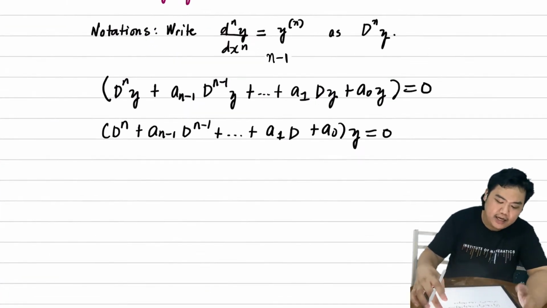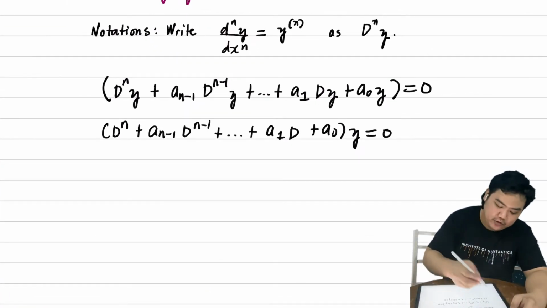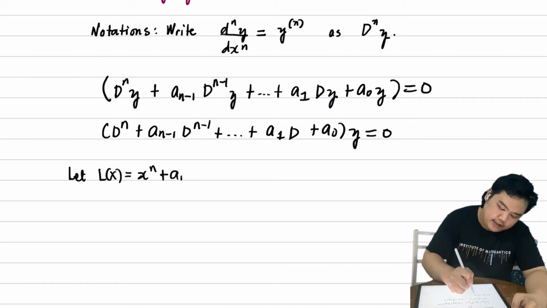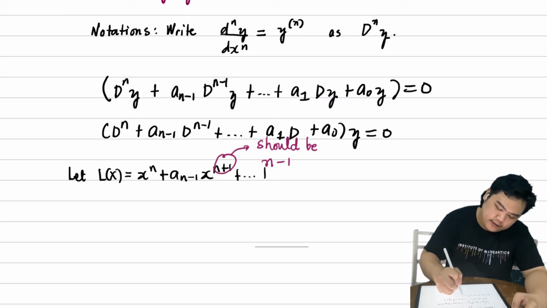Okay? And kung magtataka kayo sa ibang books, ganito nila sinusulat. So let's say let L of x be this polynomial, x to the n plus a n minus 1 x to the n minus 1 plus ... a1x plus a naught.